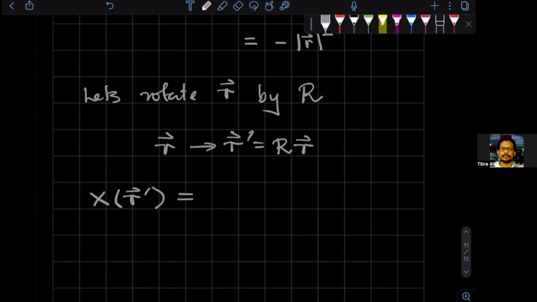So according to the definition of X, X of R prime is given by x prime sigma 1, y prime sigma 2, plus z prime sigma 3. Right?